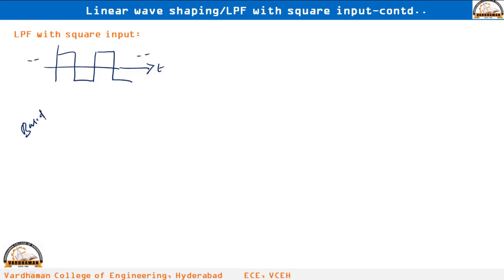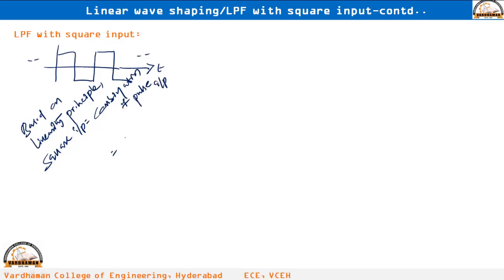So, based on the linearity principle, a square input is a combination of pulse inputs, and the square response is a combination of pulse responses.